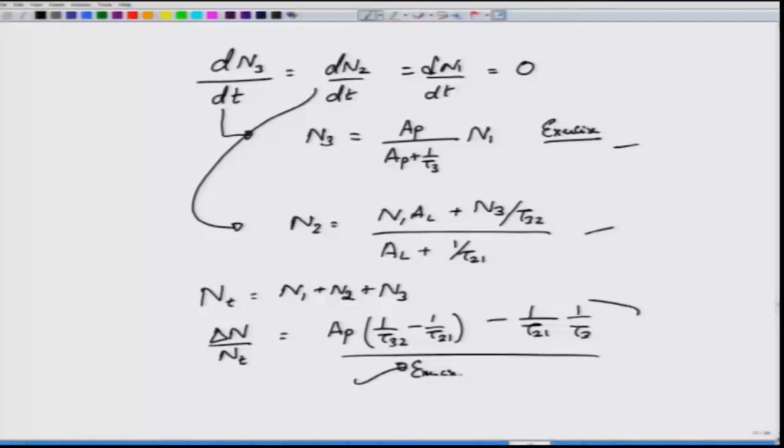So, a necessary condition is that AP should be greater than a threshold quantity. And what is the threshold quantity? Well, for delta n to be positive, the numerator has to be greater than 0. So, once you set the numerator greater than 0, you will see that AP times (1/tau 32 minus 1/tau 21) must be far greater than 1/tau 21 divided by tau 3.